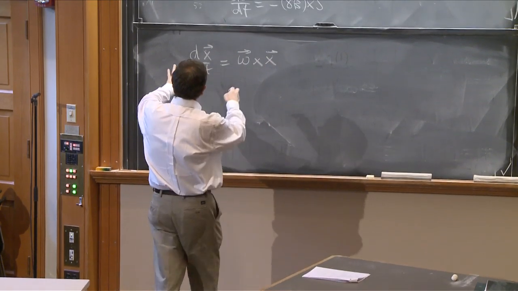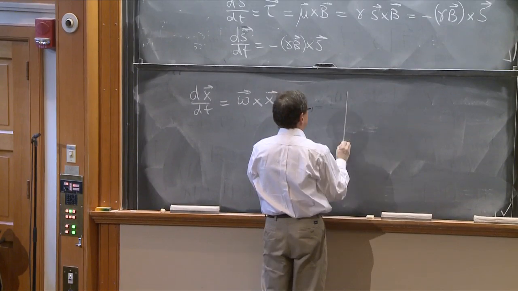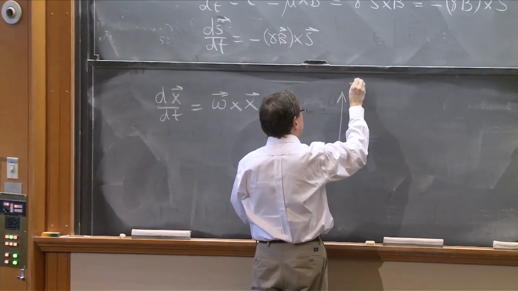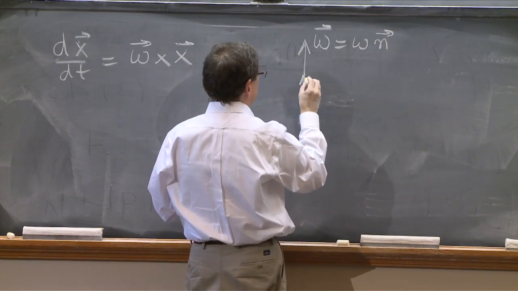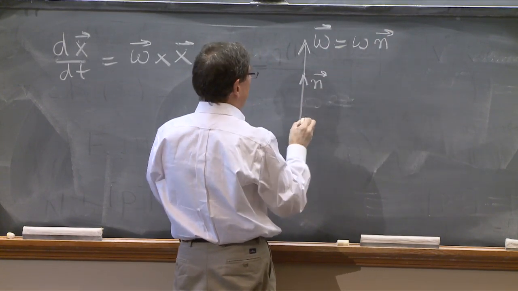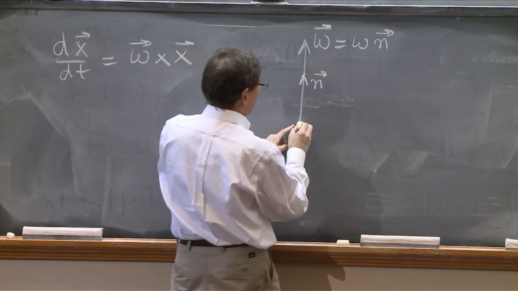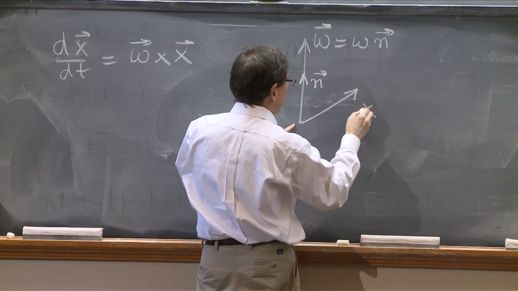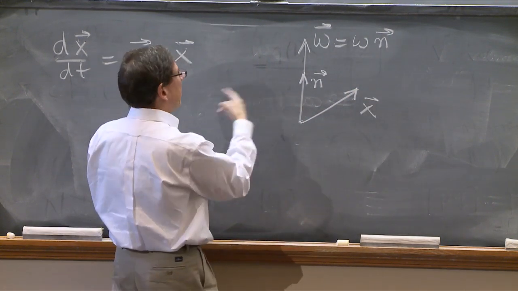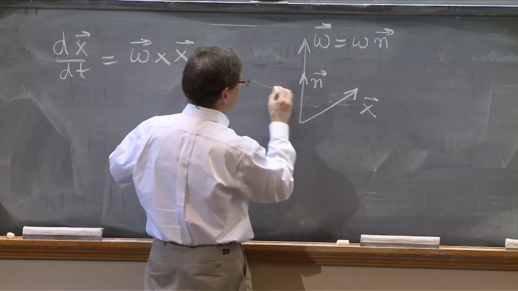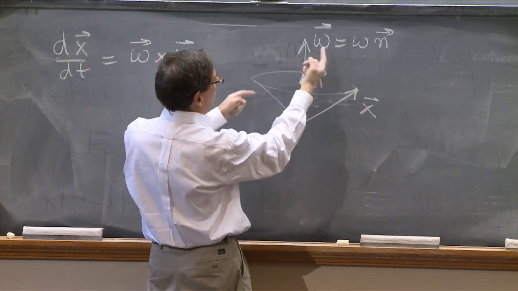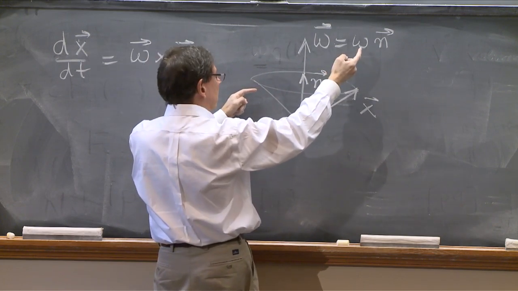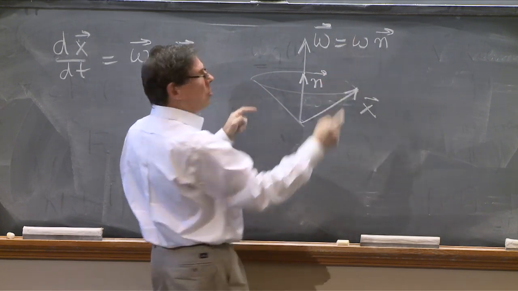A famous equation in mechanics. So you have here omega vector is omega n. So here is the direction of n, the unit vector. Here is omega. And if you have a vector x over here, then the solution of this equation is a vector that is rotating around omega with angular velocity of magnitude omega.